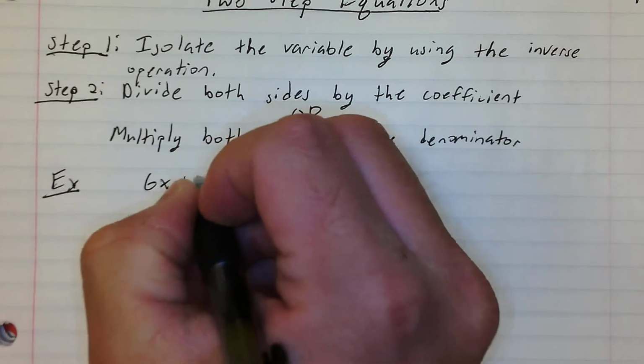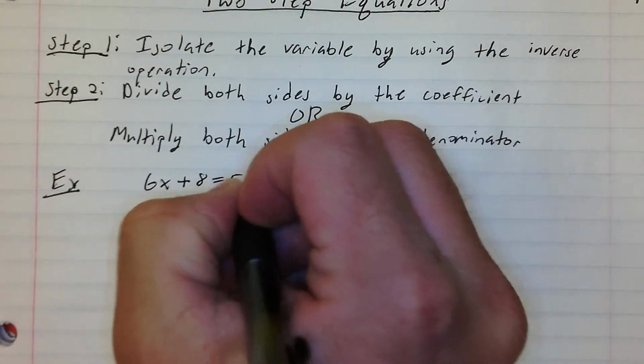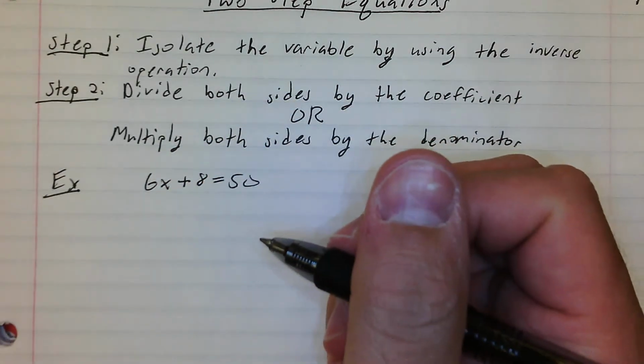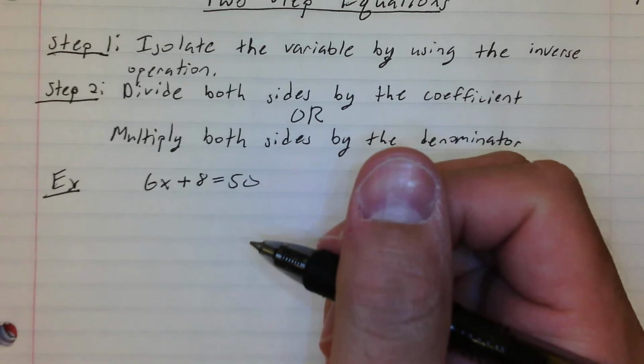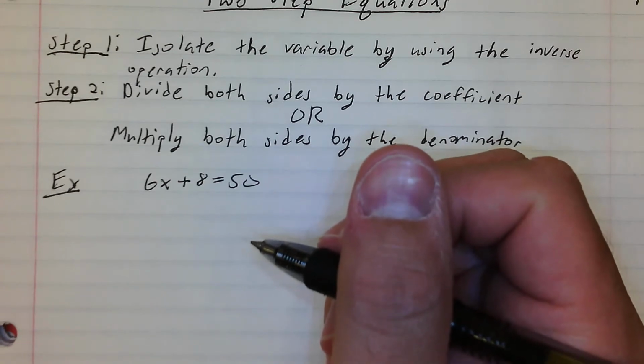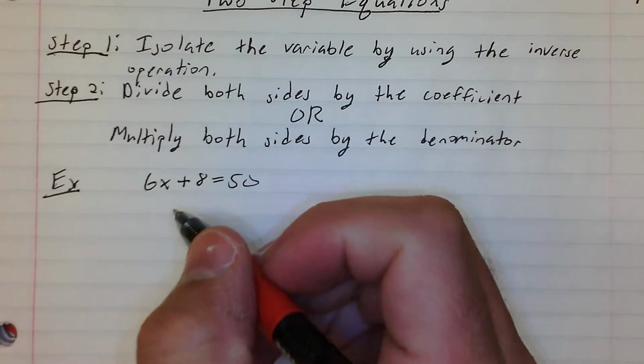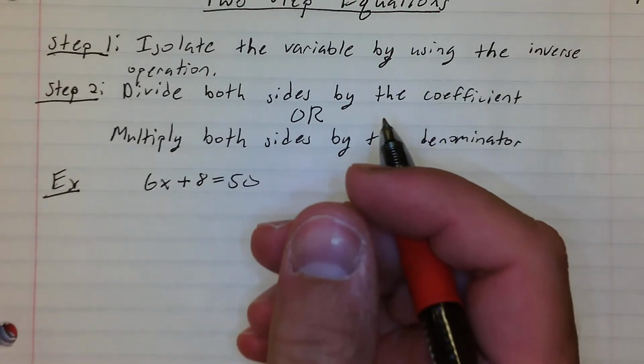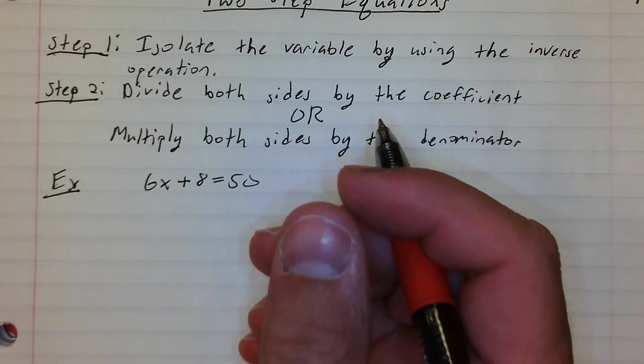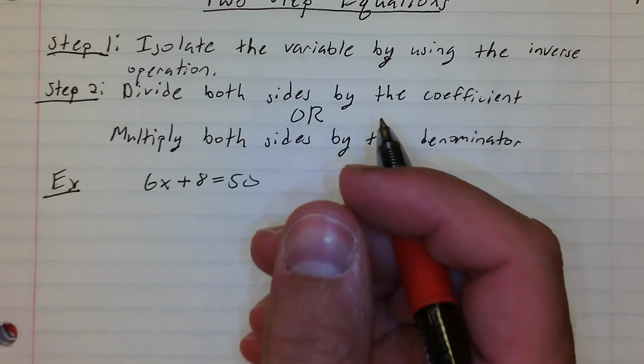So let's do 6x plus 8 equals 50. So first thing we need to do, first step, is to isolate the variable by using inverse operation. Well, if you were doing math when you were younger, you know the first thing you learned was addition and subtraction.